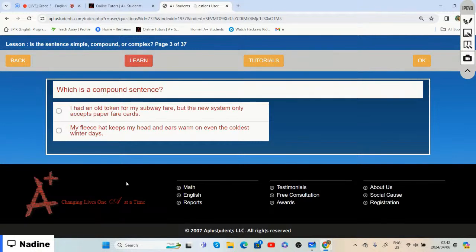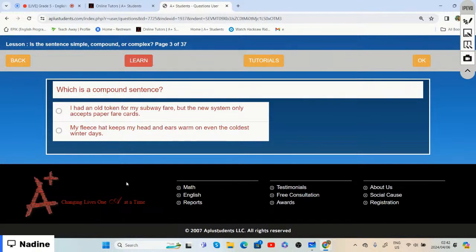Compound sentence. It says, I had an old token for my subway fare, but the new system only accepts paper fare cards. The second one says, my fleece hat keeps my head and ears warm on even the coldest winter days.